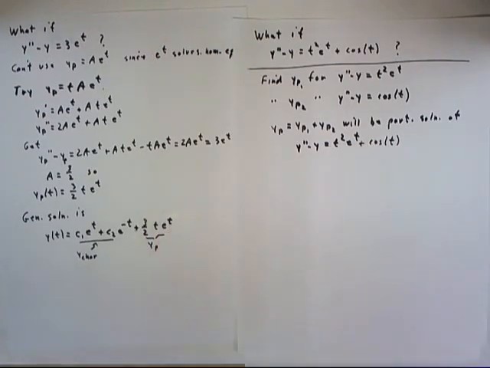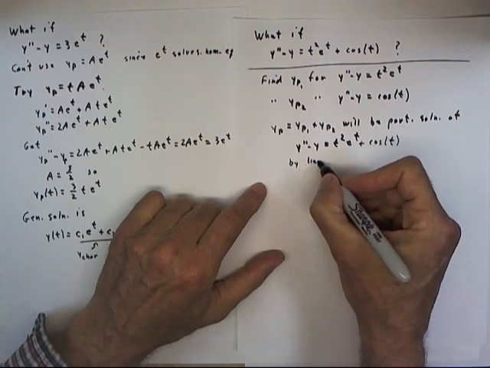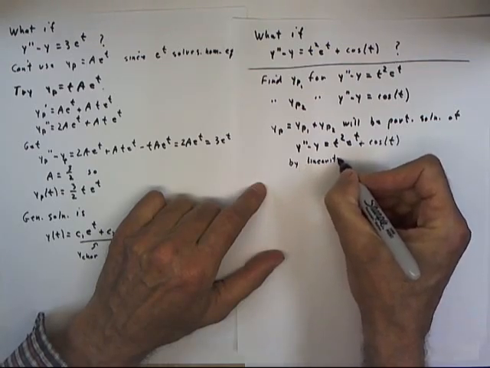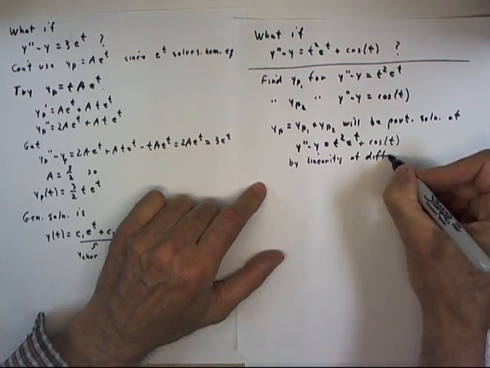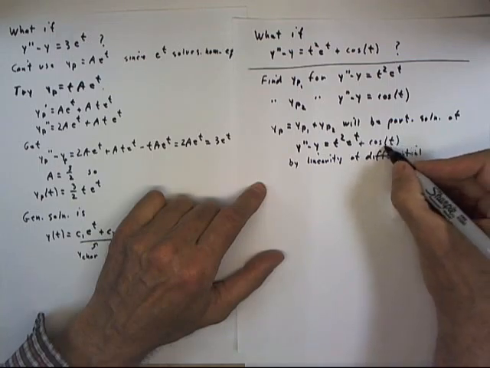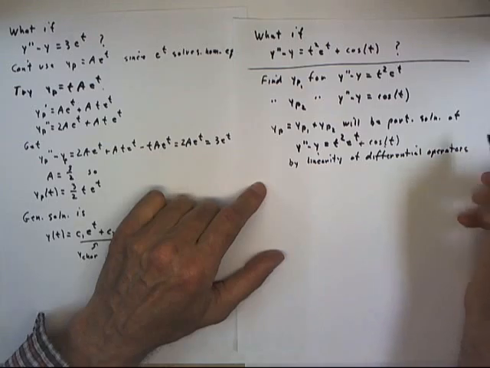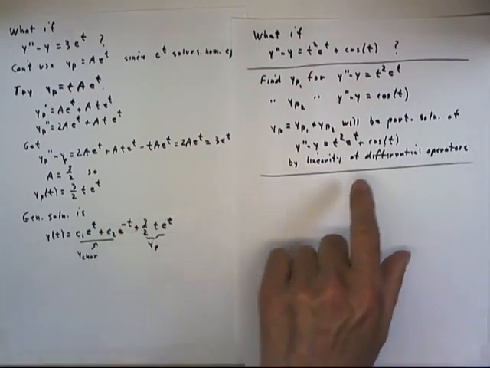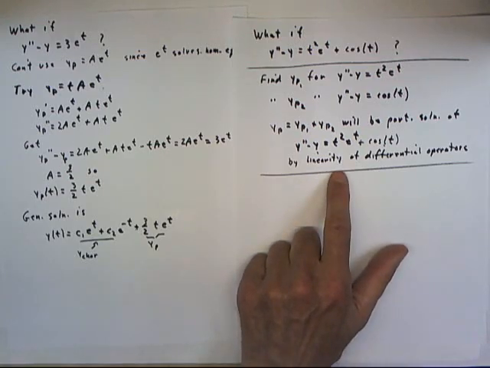I'm not going to write that out, but this is a simple consequence of the linearity of differential operators. We won't work through all the details of that, but your text does, and you should certainly be aware of how that works out.